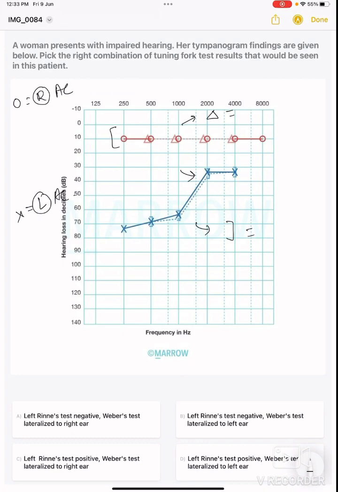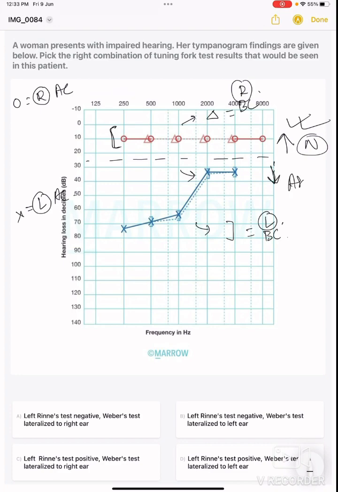These signs are other signs for bone conduction of right side and bone conduction of left side, so you don't have to worry about it. Now this red graph is above the plus 25 decibel threshold, so it is a normal graph. And this blue graph is below the plus 25 threshold, so it is an abnormal graph.